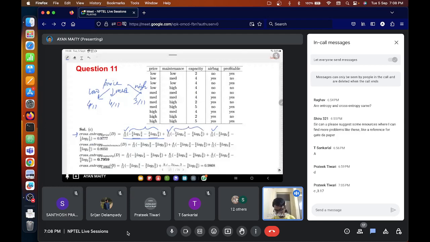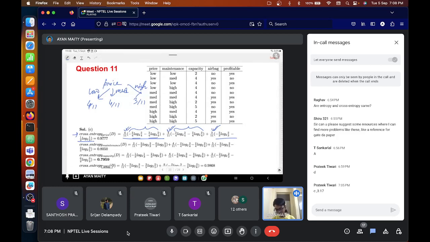Similarly, this is the cross entropy for the medium partition and this is the cross entropy for the high partition, and you have to multiply these weights with each of these partitions and then add all three entropy values to compute the cross entropy for this whole attribute.